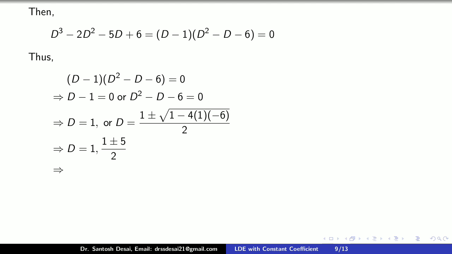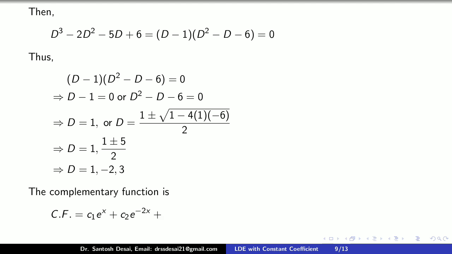Now taking plus and minus and simplifying we get d is equal to 1, minus 2 and 3. Now again these are three real roots and all are distinct, therefore the complementary function is c1 e raised to x plus c2 e raised to minus 2x plus c3 e raised to 3x. So this is the complementary function.